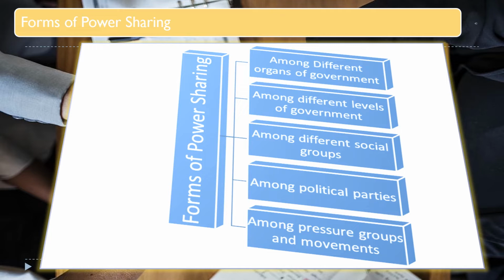The next way is among different social groups. The different social groups also share power, and power is shared among political parties. Political parties definitely share power, and power is shared among pressure groups and movements.